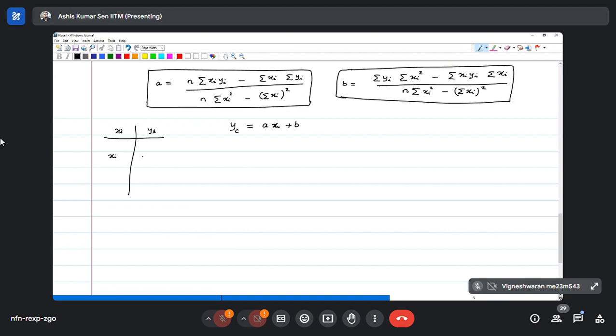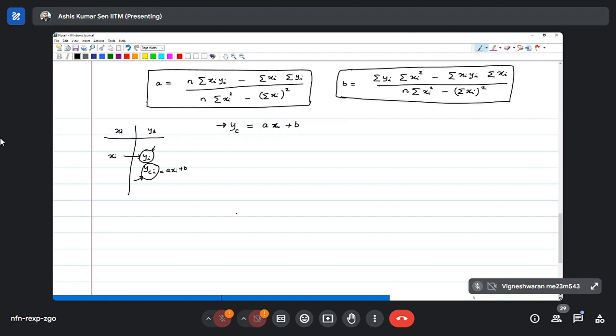For every xi, you have a corresponding yi, but then you also have yci, which is computed from axi plus b. Okay. So this is the data that you get from experiment, and this is what you predict using this curve fitting.